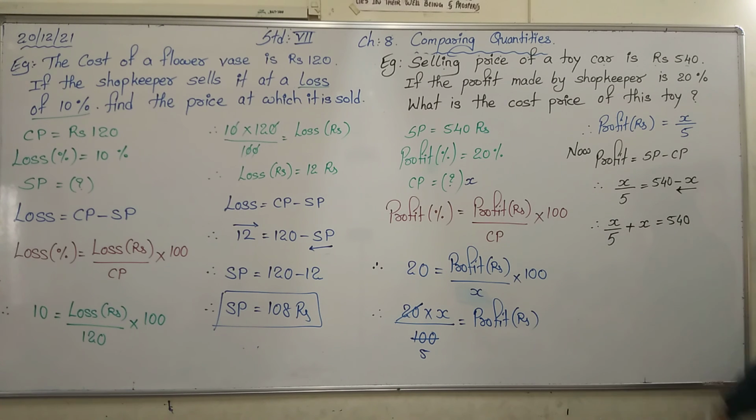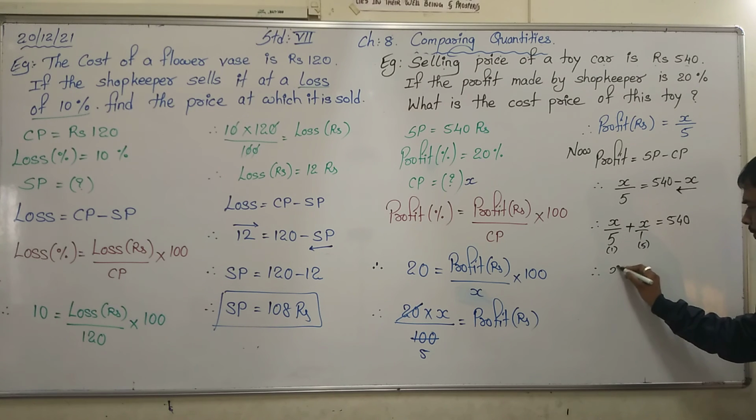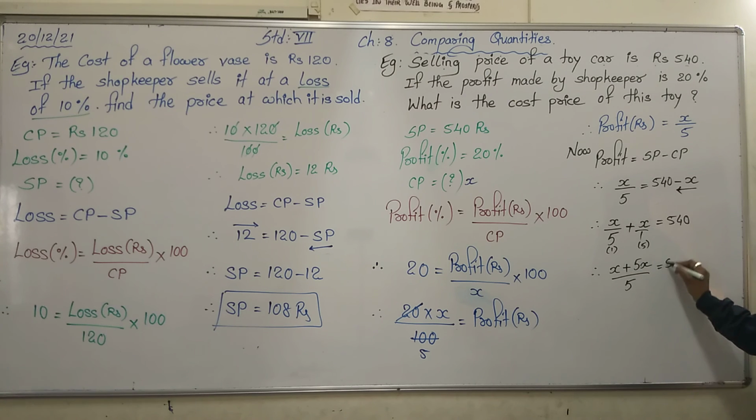Here a fraction is there. So how can it become simpler? What do you have to take? LCM. Therefore, here 1, here 5. 1 into X, 5 into X upon LCM. What was the LCM? 5.